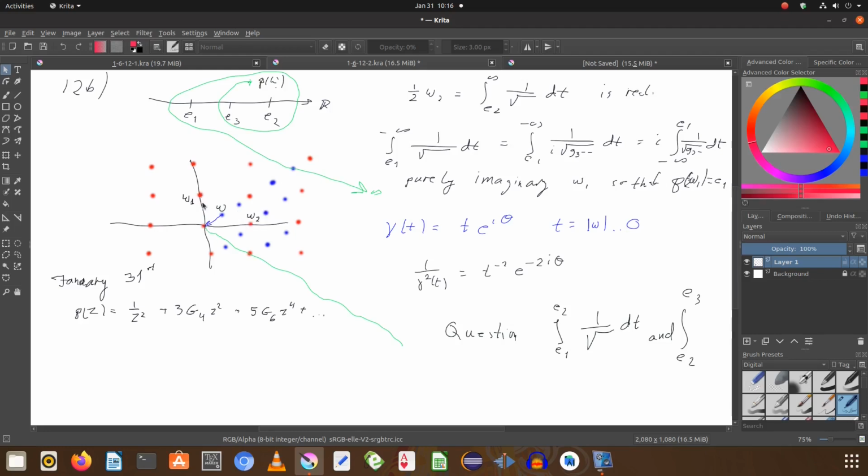So that means that the lattice can be generated by omega 1 and omega 2.